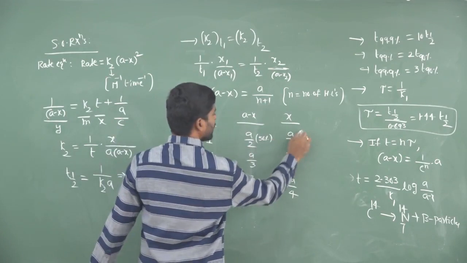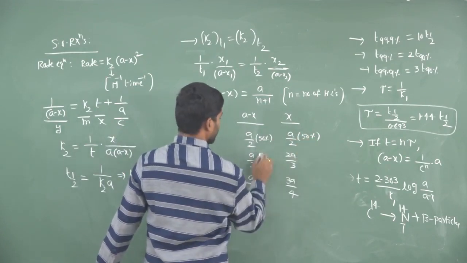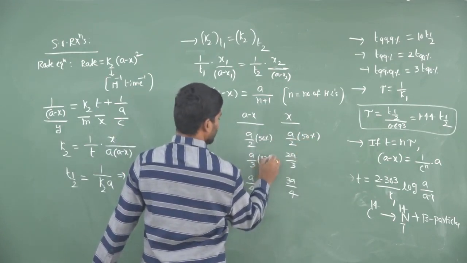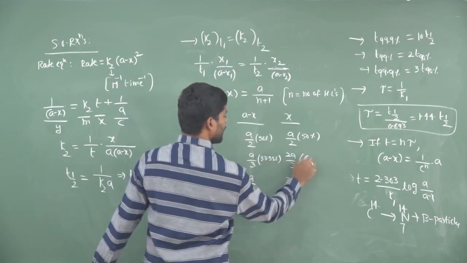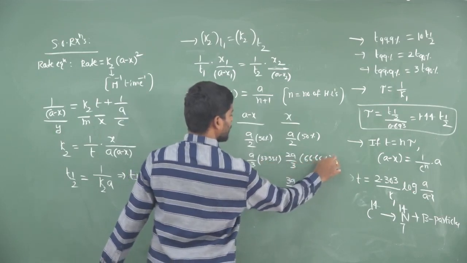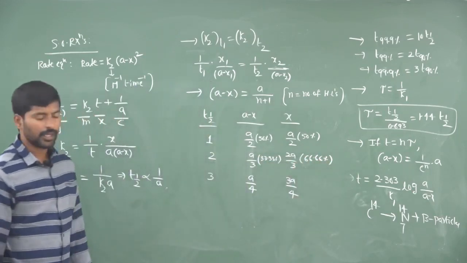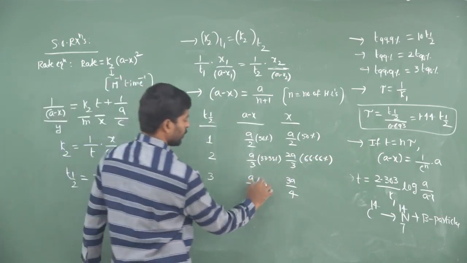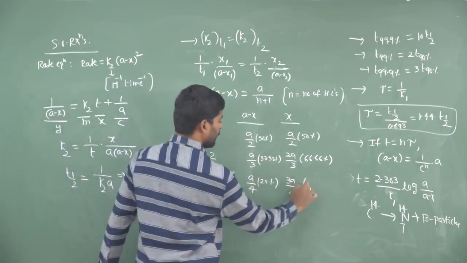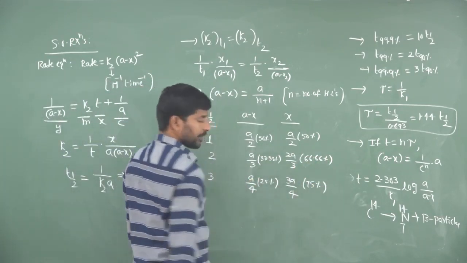That is 50%, 50%. This is 33.33%, 66.66%. This is 25 remaining, 75 completed.